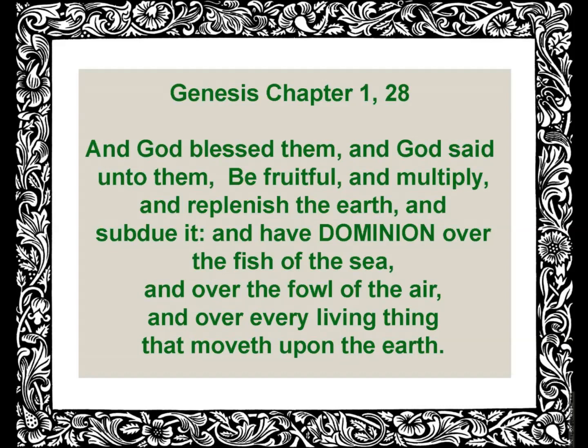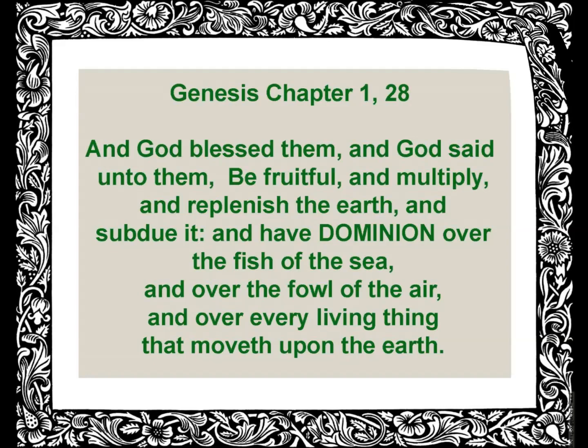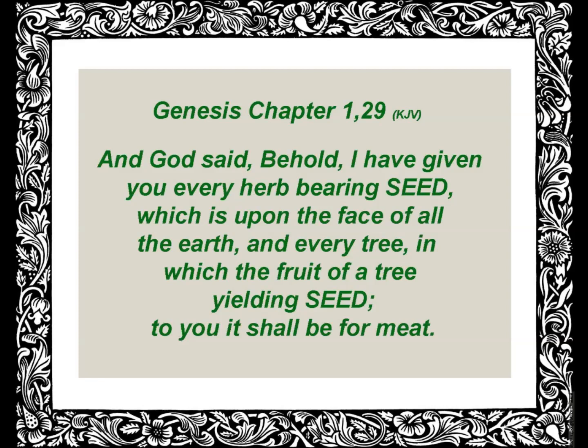These two words are dominion and seeds. Dominion over all of the animals is pretty clearly a reference to the domestication of animals. There's also a specific mention of seed-bearing plants and trees that have seed-bearing fruit.